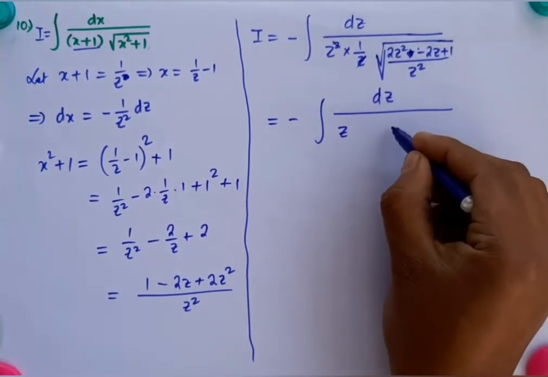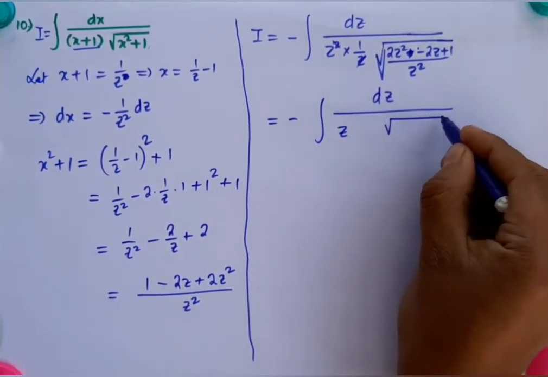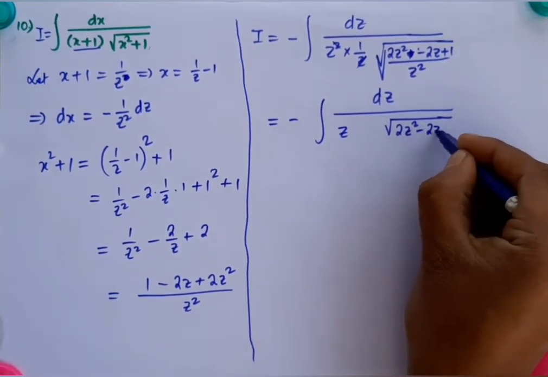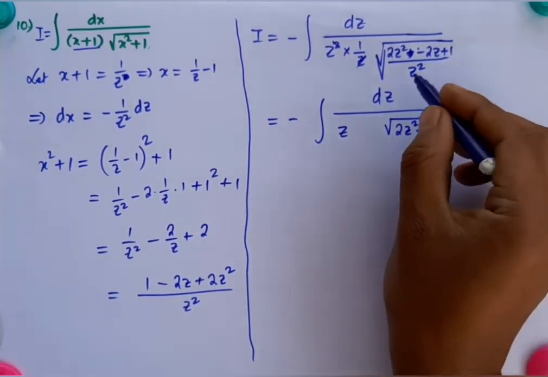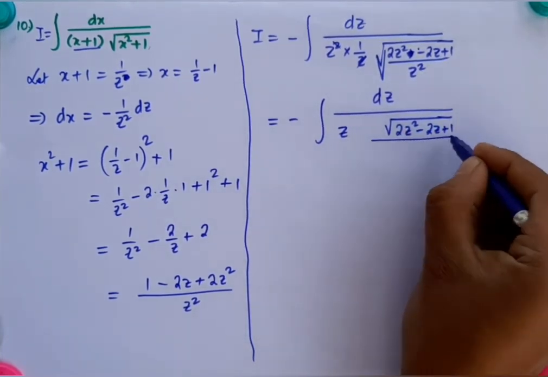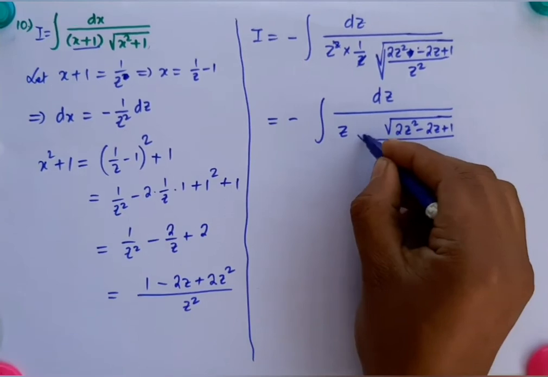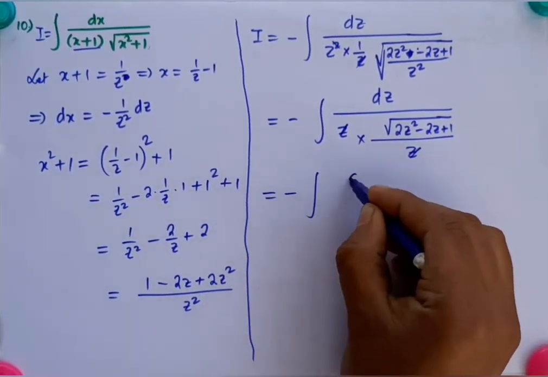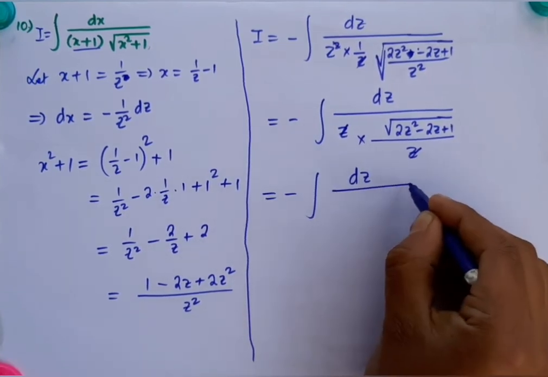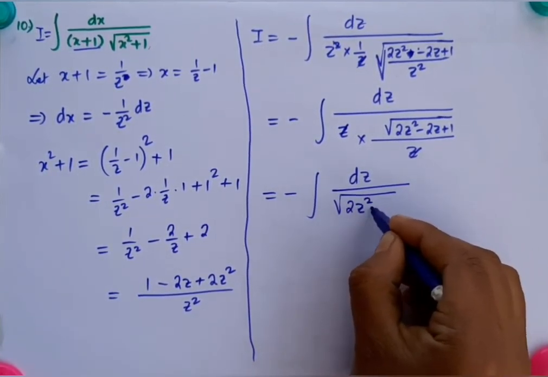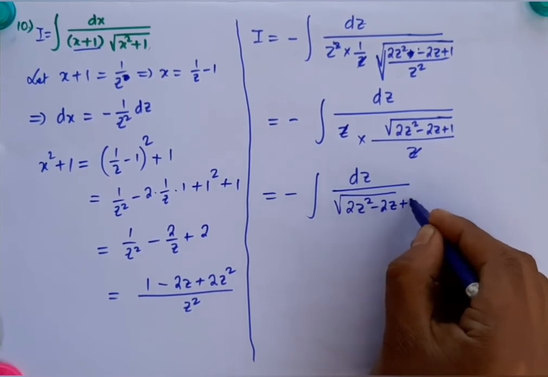We don't know what the square root of this is, that is 2z square minus 2z plus 1, but we know the square root of z square, and that is exactly z, isn't it? So again this z and z get cancelled, so you have minus of integral dz by square root of 2z square minus 2z plus 1.